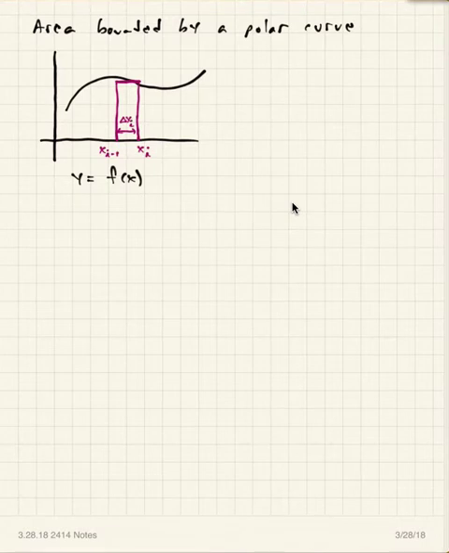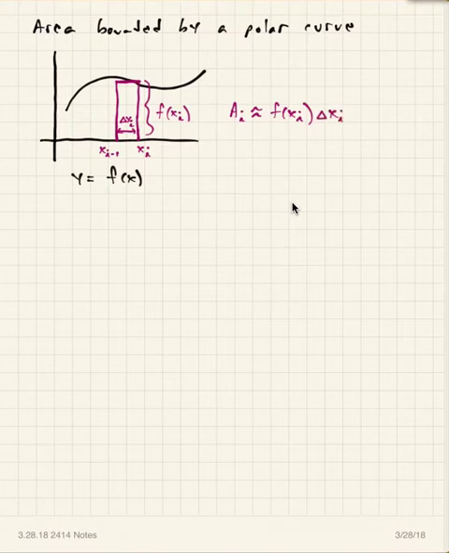And what did you do? You approximated the area by looking at the area of that rectangle. The height of this was f of x, or approximated at least by f of x sub i. So the area of that ith rectangle is approximately f of x sub i, a function value, times the change in the domain value.